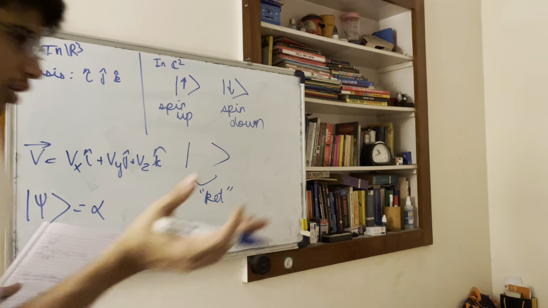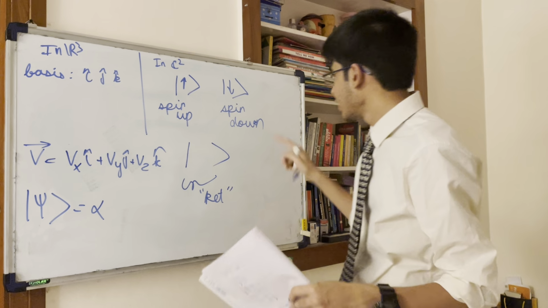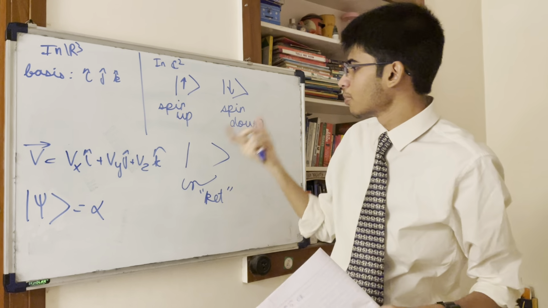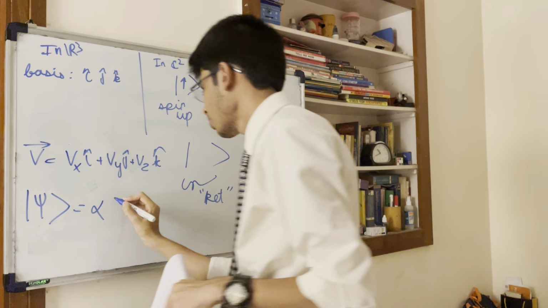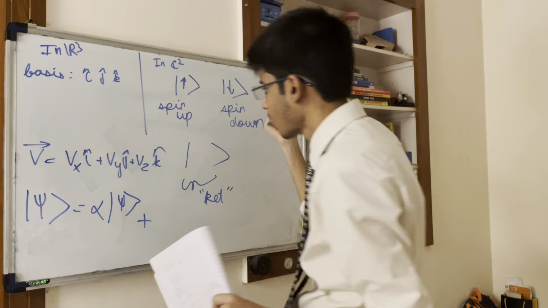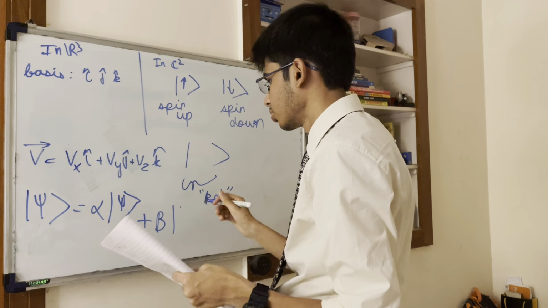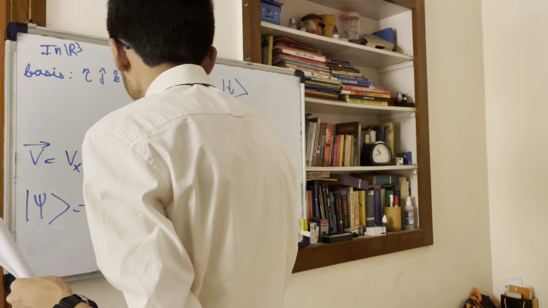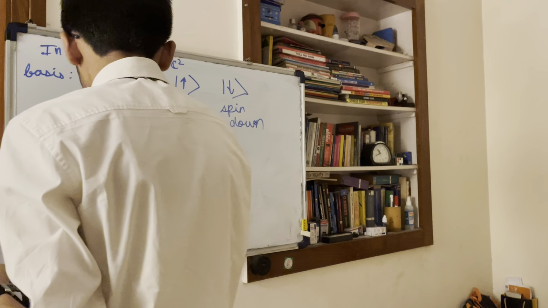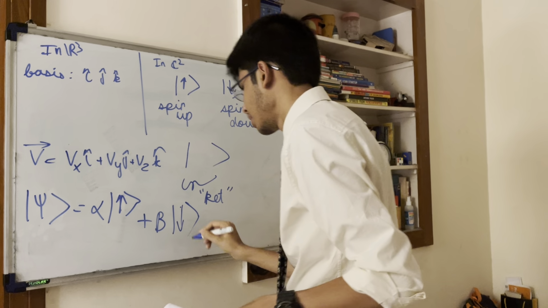A linear combination is when you multiply some value with your basis vectors. So you have the basis vectors as spin up and spin down. So I can multiply some alpha with spin up, plus some other value beta with spin down.